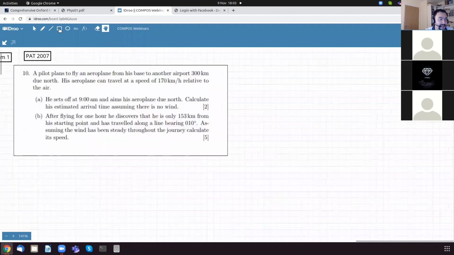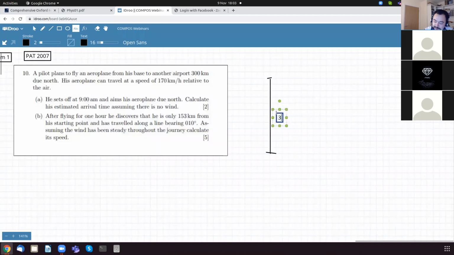Well, the first question seems very simple, and it is absolutely, by all means. The only way you can go wrong is just getting the time wrong, because they're asking for the estimated time of arrival. So if we draw a quick diagram, this is his flight path, which is 300 kilometers.